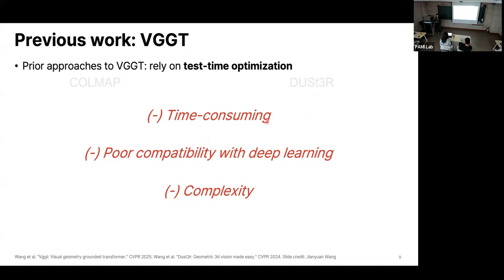Optimization is a very time-consuming process. It takes several seconds or minutes to get a result. This optimization framework is also hard to integrate with deep learning frameworks in a plug and play manner. Optimization also has complexity, meaning it relies on complicated engineering techniques.